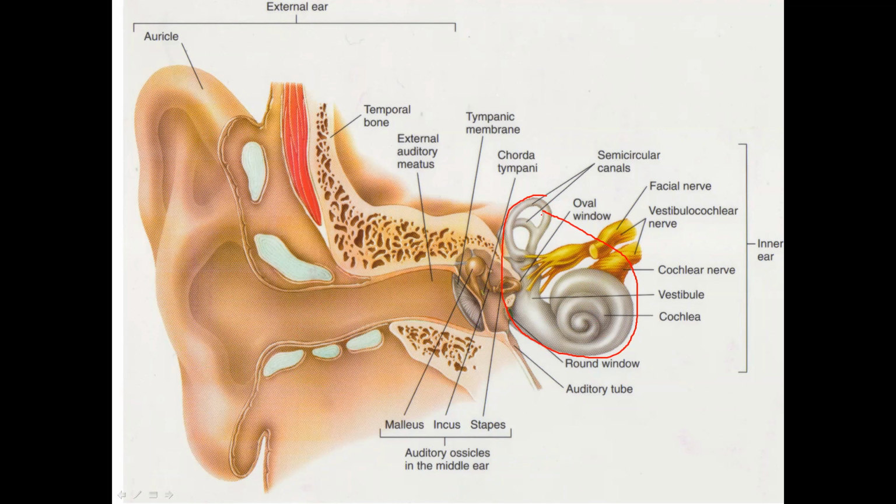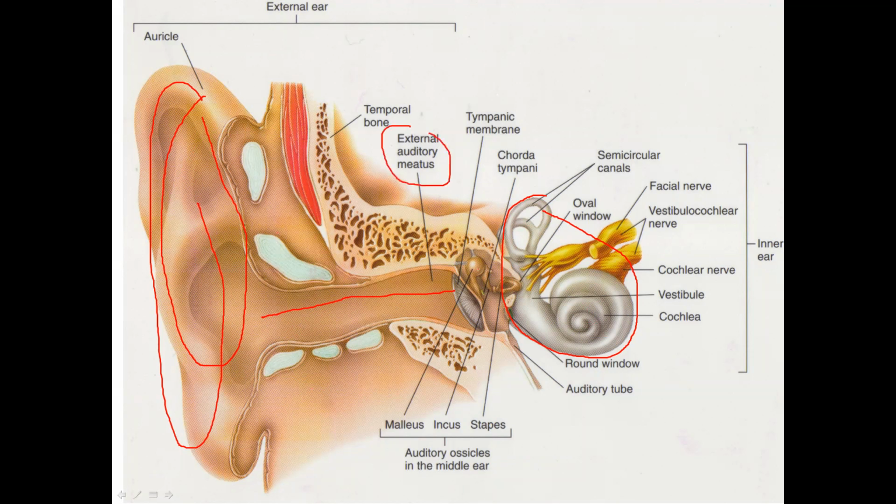All right, some different parts that you're seeing here. You have the auricle, what people commonly refer to as the ear. This is the ear canal, or the external auditory meatus. Here's your eardrum, the tympanic membrane.